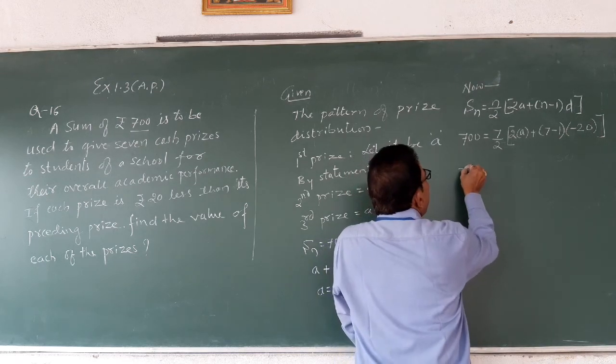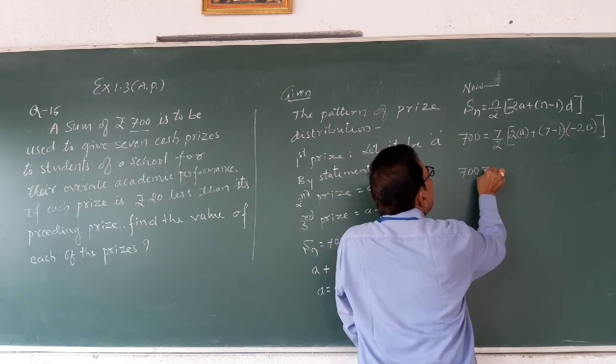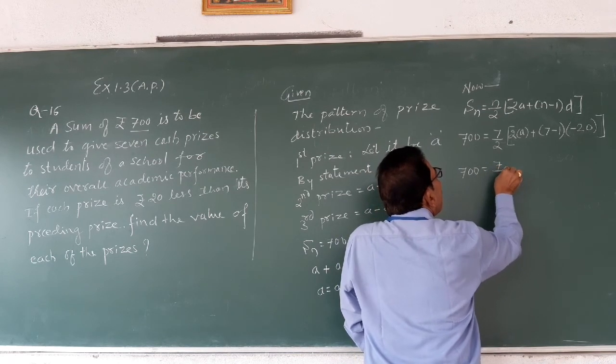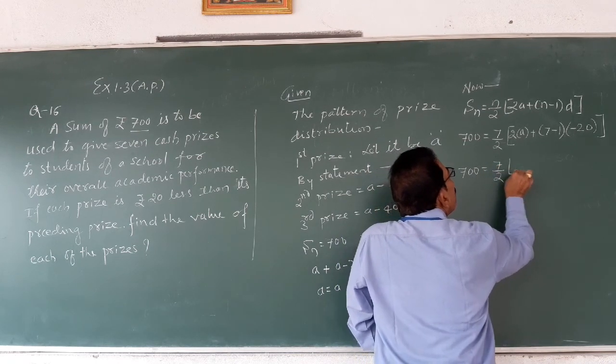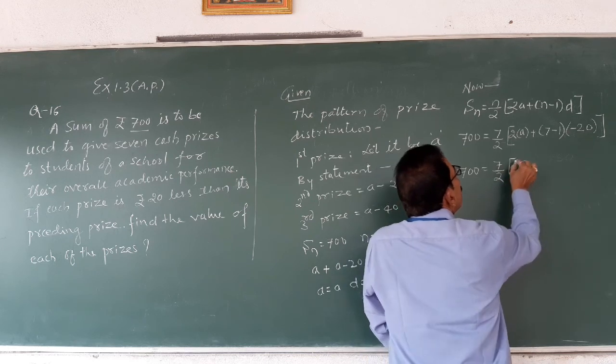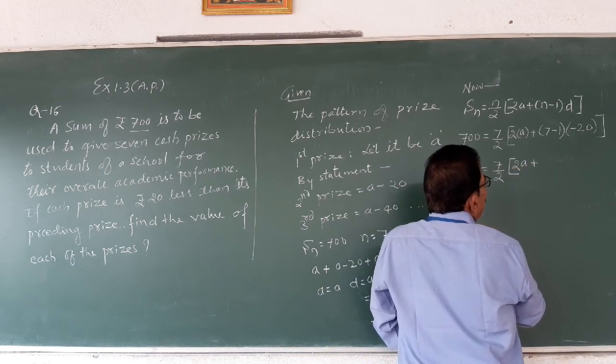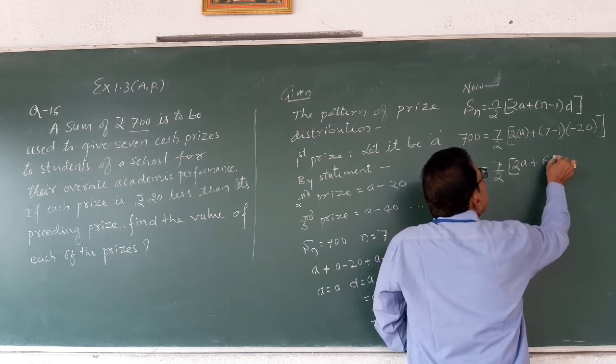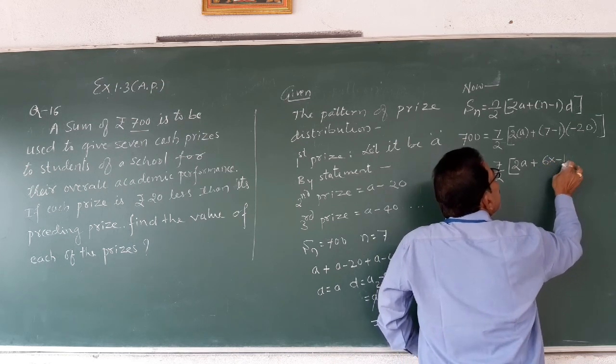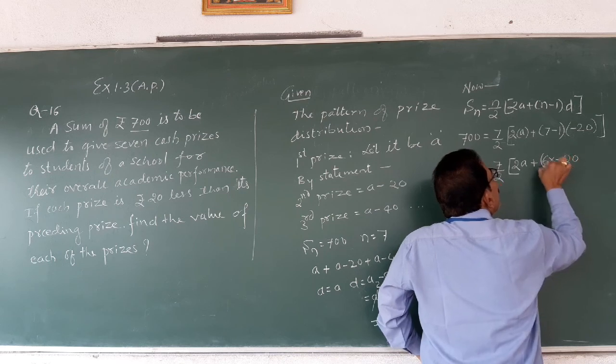Okay. 700 equals 7 by 2, 2A plus 7 minus 1, 6, into minus 20.